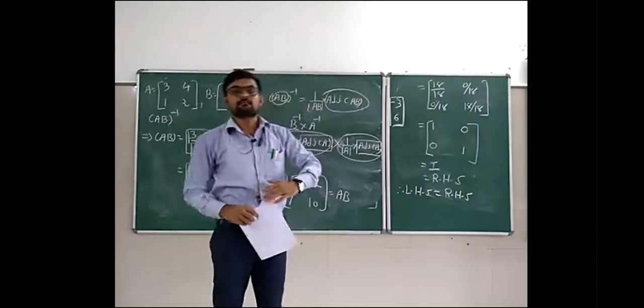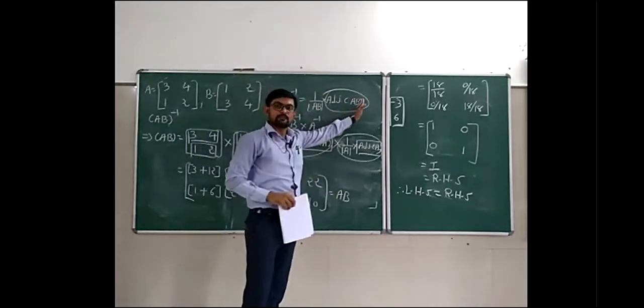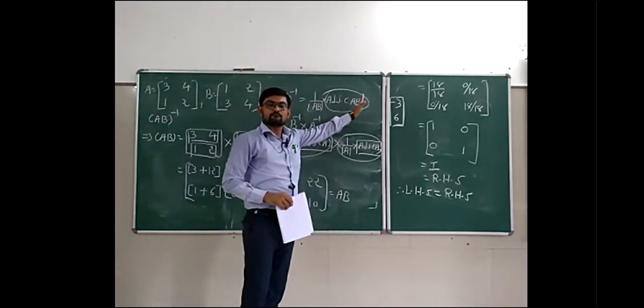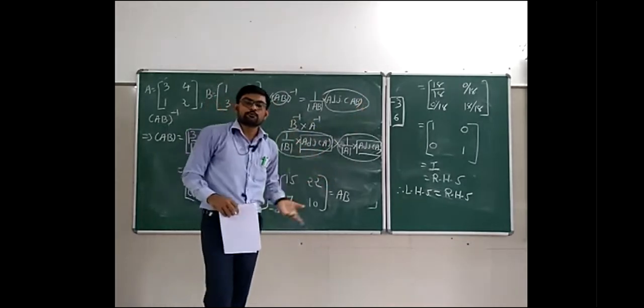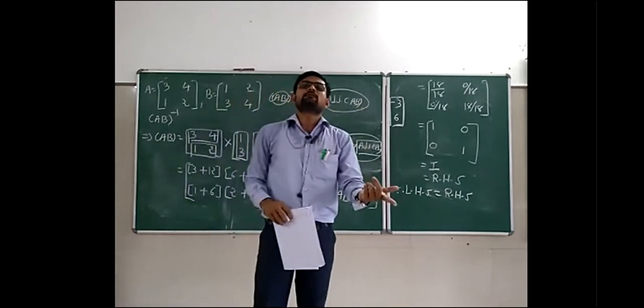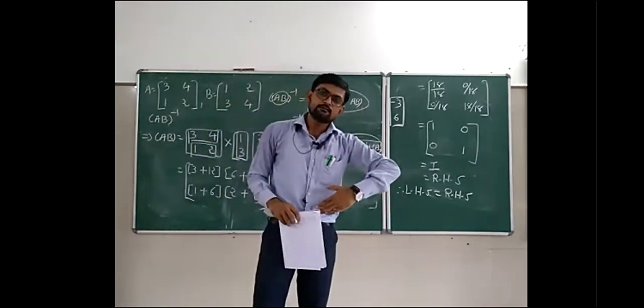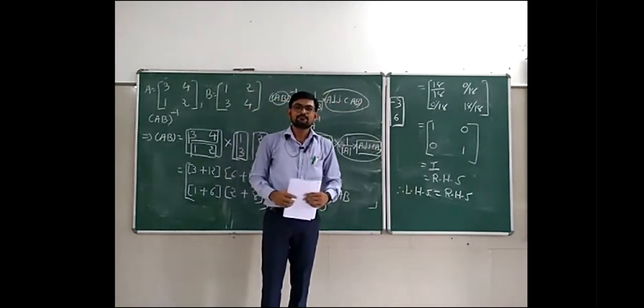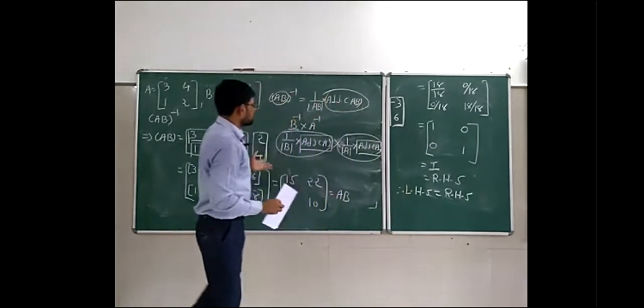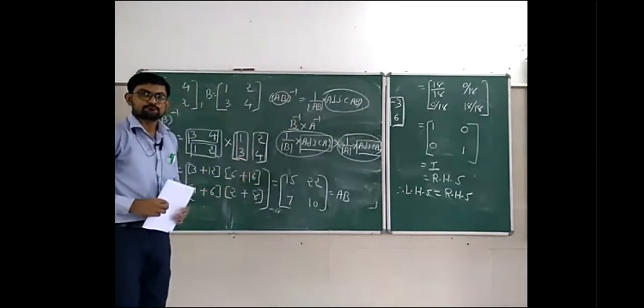You will get the same answer as the adjoint of AB will be. Okay? So this is the way to prove AB whole inverse equal to B inverse into A inverse. I hope now it is clear to you all. Okay? So please write it down and try to solve this.